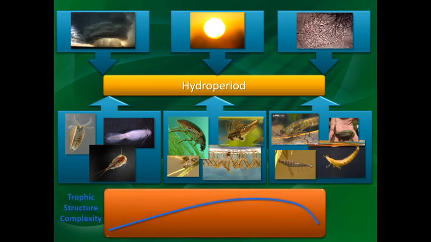So what's actually happening to the trophic structure? Well, remember that these crustaceans were really all doing the same thing. So we have some pretty low trophic structure throughout the beginning of the hydroperiod. As more and more insects colonize, though, they bring in new trophic strategies until we get some peak. But then, because everything is predators, it goes down.